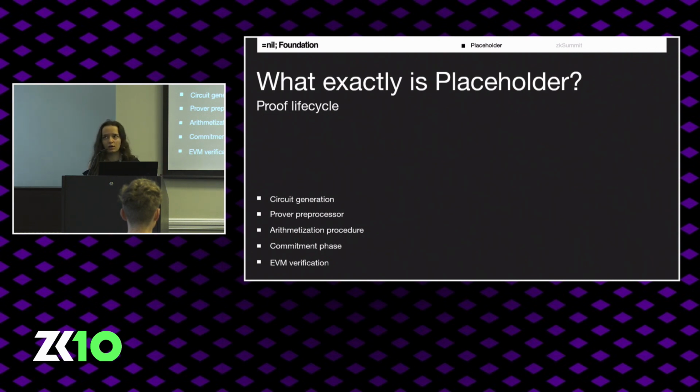For now, many other proof systems have a constant design. So we have some constant parameters inside circuit generation and the proof preprocessor. Yes, you can modify them, but it takes a long time. So what I offer in Placeholder is that you just choose your desired properties and get a result in minutes.